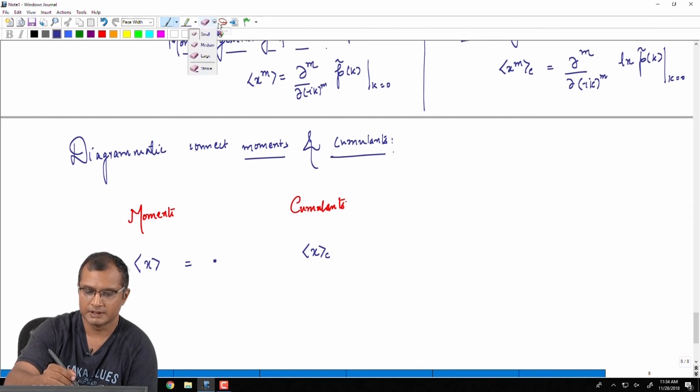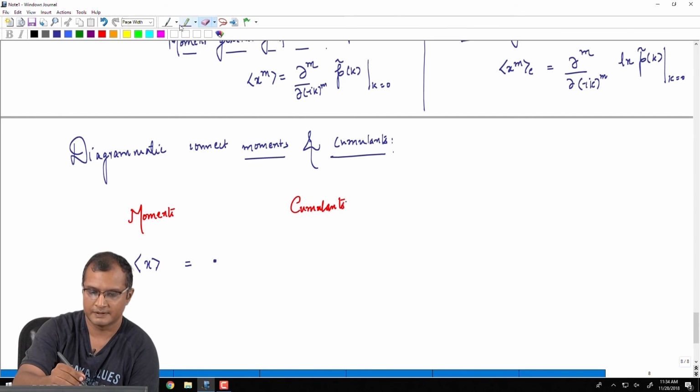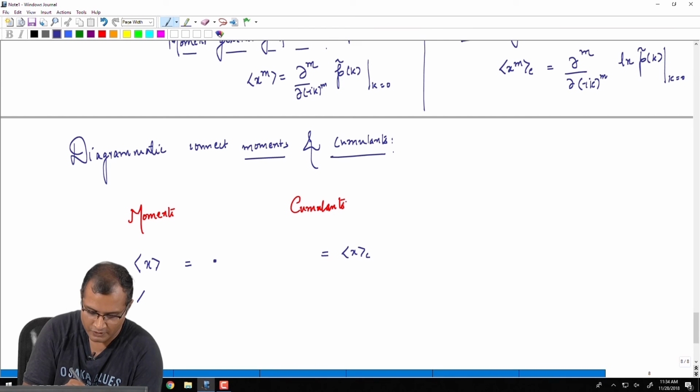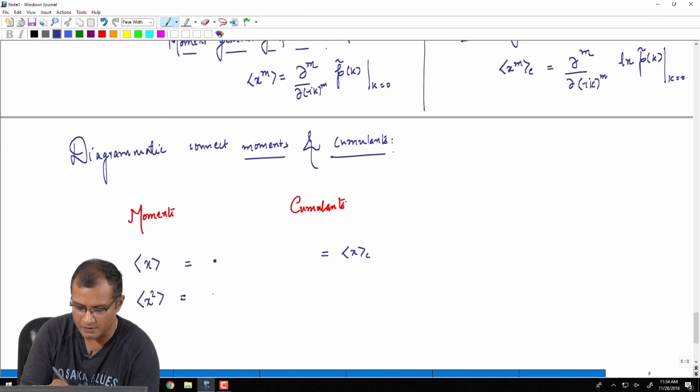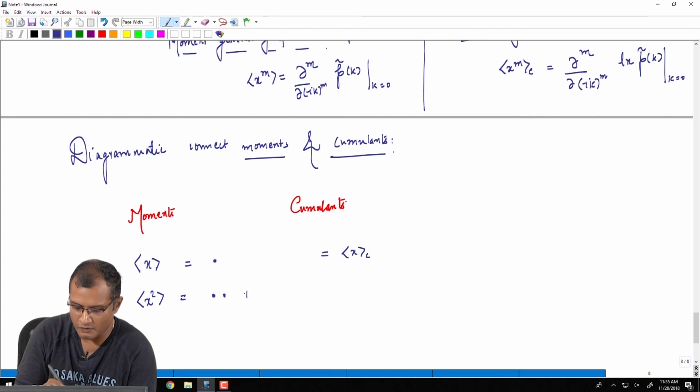Okay. So, I am going to write it as just the first cumulant. Now, for the second moment, I have to take 2 dots, but I can write down 2 dots either disconnected or I can connect these 2 dots.